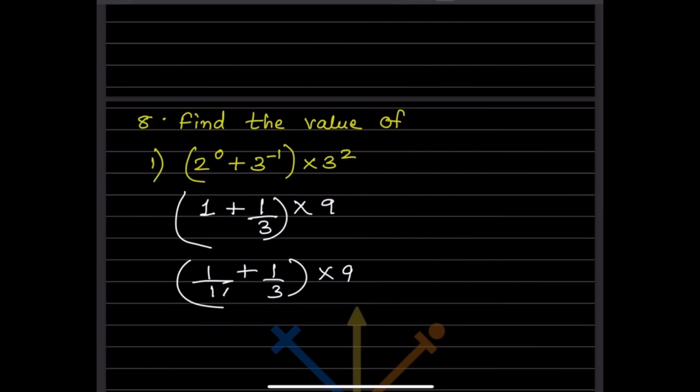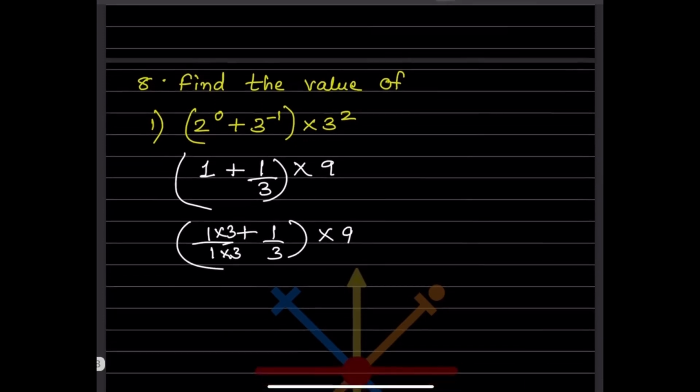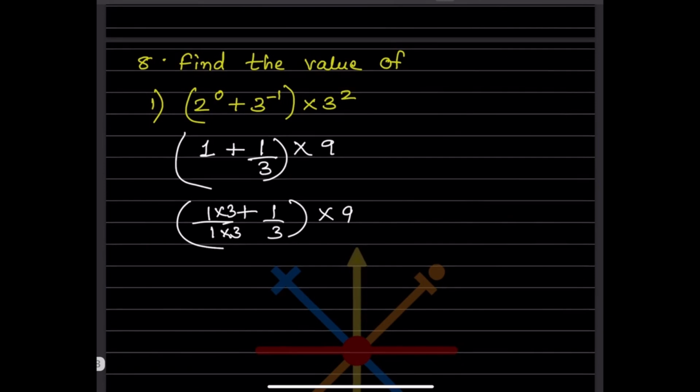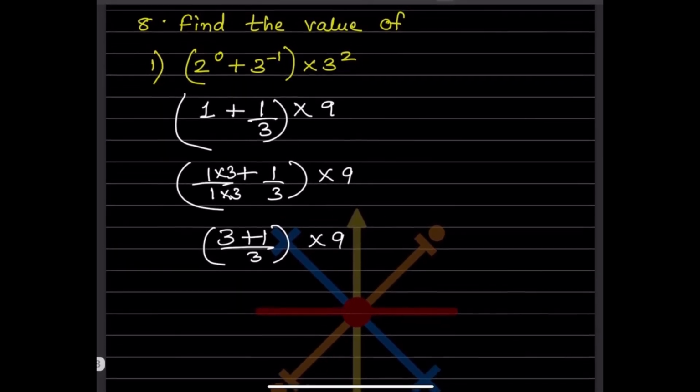So here you can put LCM is 3. So you can write here 3 plus 1 by 3 multiplied by 9. So that is going to be 4 by 3 multiplied by 9, and that will be 3 1s are 3, 3 3s are, and the answer is 4 3s are 12.